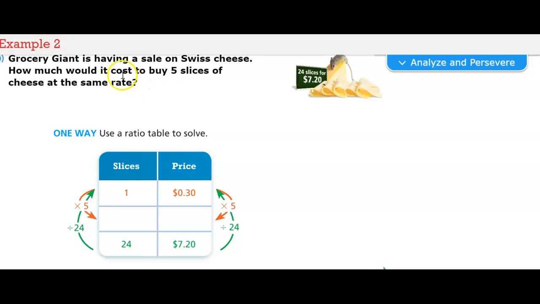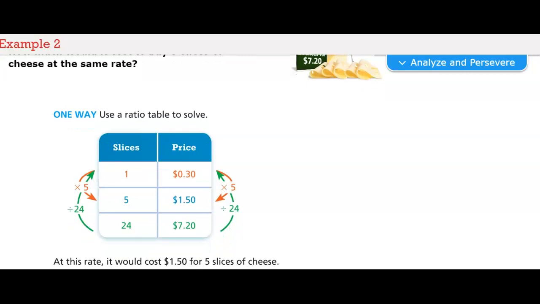And then it says for 5 slices at the same rate, how much would that be? So you would multiply that unit rate by 5, and you would get that 5 slices would be $1.50.